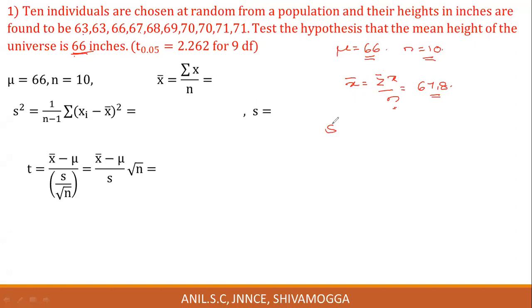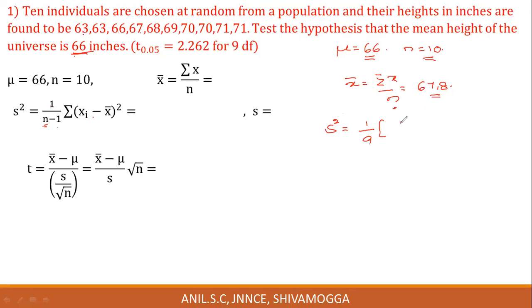Now we have to calculate s square, which is given by 1 divided by n minus 1. n is 10, and 10 minus 1 is 9, into summation of xi minus x bar whole square.